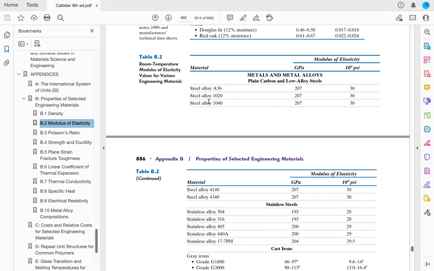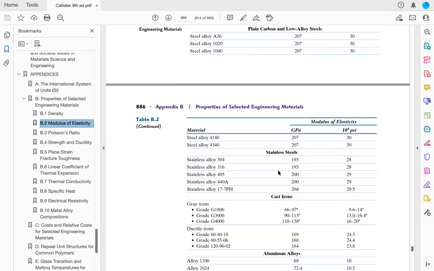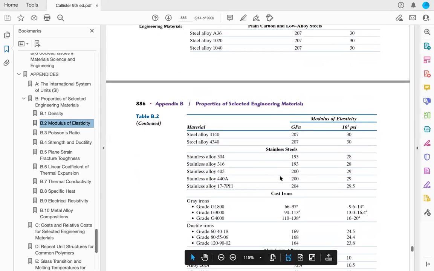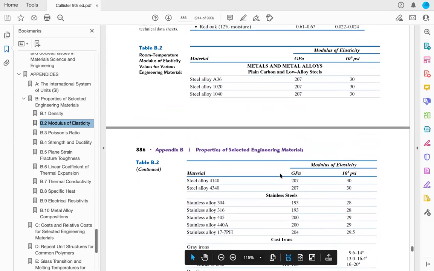For example, for steel alloy 1040, the modulus of elasticity is only one number, 207 gigapascal. Then there are stainless steel, cast iron, and so on. That is the modulus of elasticity, E, which is a measure of stiffness.